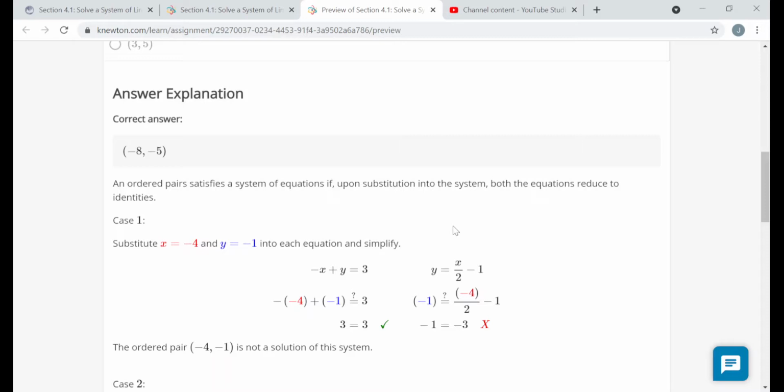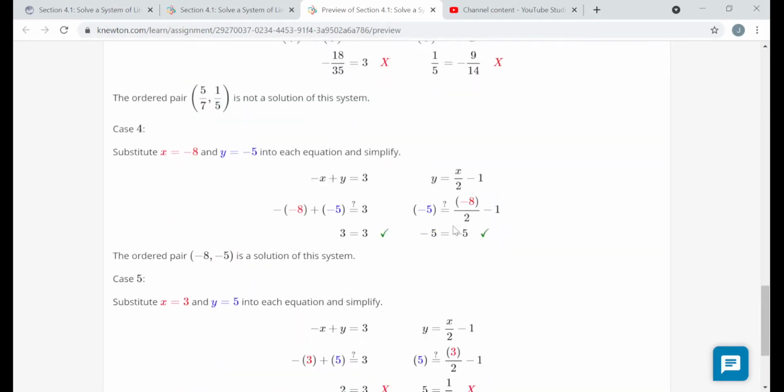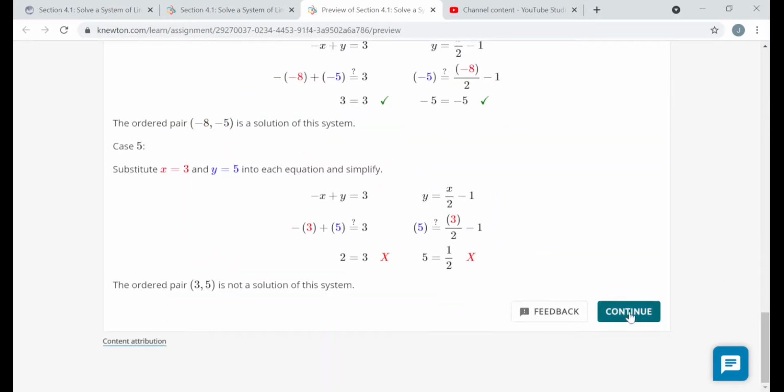Did I know what I was doing? If you got it wrong, read through the answer explanation and try to figure out why you got it wrong, right? What went wrong? So that way, the next time you see a question from that objective, hopefully you'll fare better. Okay. So moving along, next question.